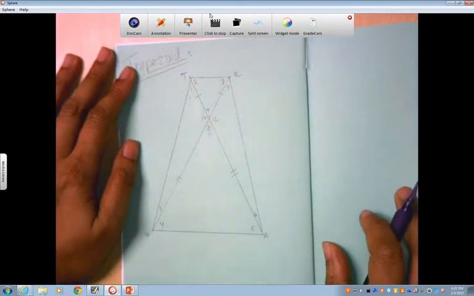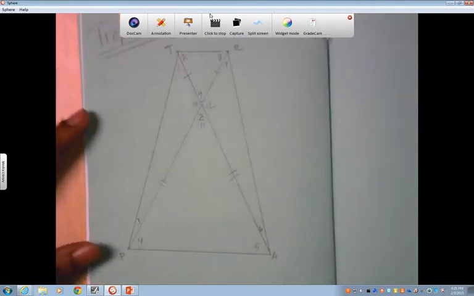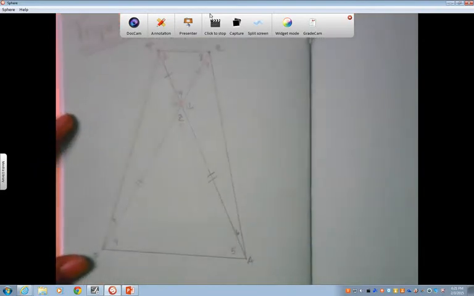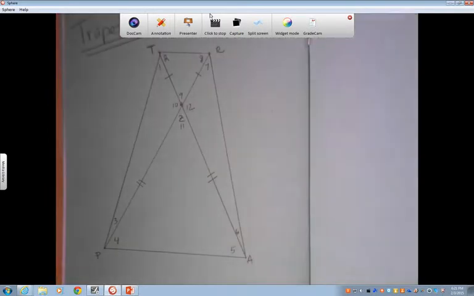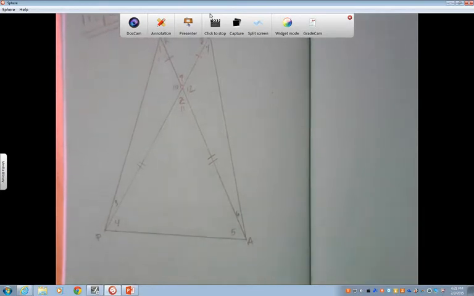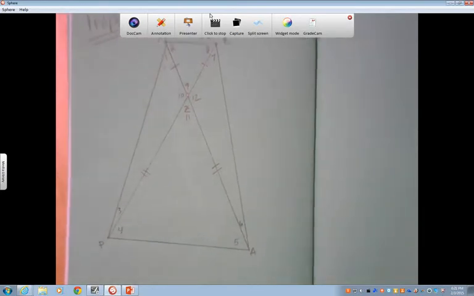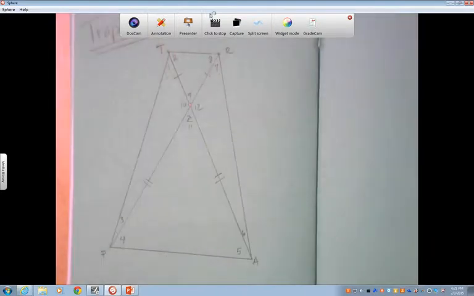So I'm going to zoom in just a bit so you can see how I numbered the trapezoid angles, because there are several of them. Alright, so I'm going to use some patty paper to hopefully get you to see that there are 4 triangles in the interior of the trapezoid.